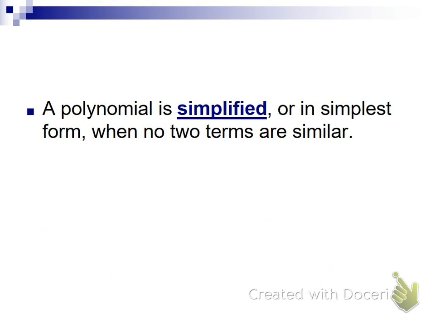Okay, keep it moving. A polynomial is simplified or in simplest form when no 2 terms are similar. It's simplified after you have combined all your like terms.